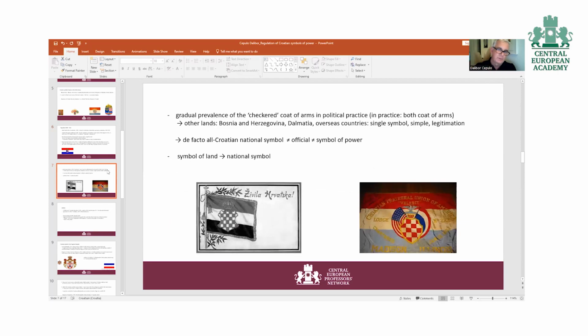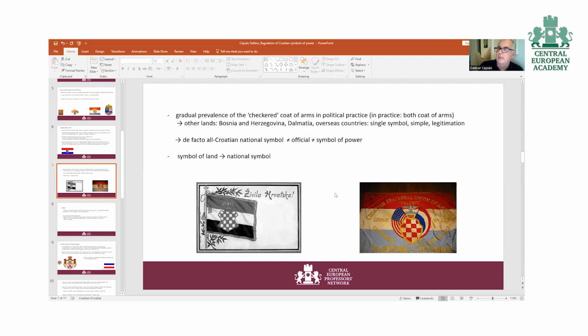This turnover into the 20th century also saw a more developed national movement, which used as its symbols, more simple and, so to say, legitimized, a single symbol of the characteristic Croatian checkered coat of arms that gradually became the national symbol.